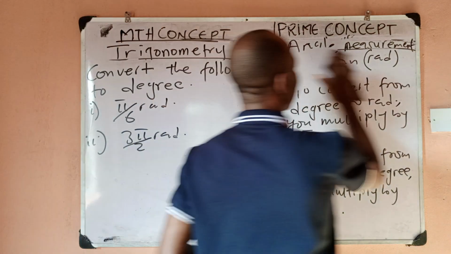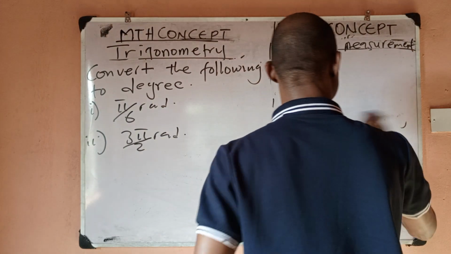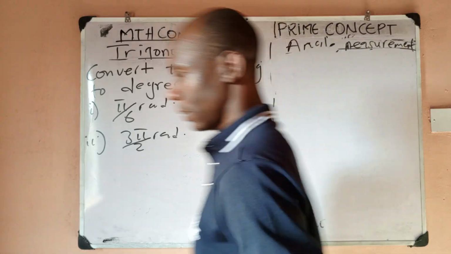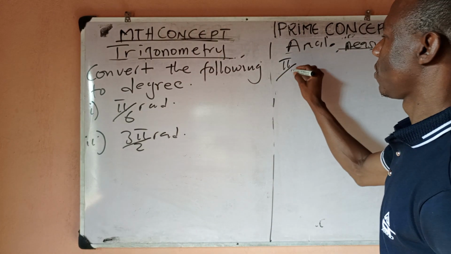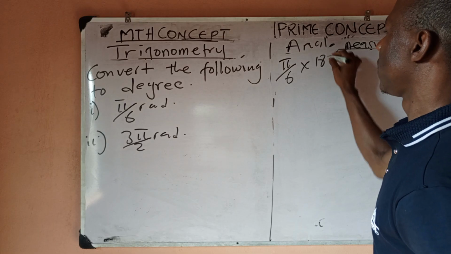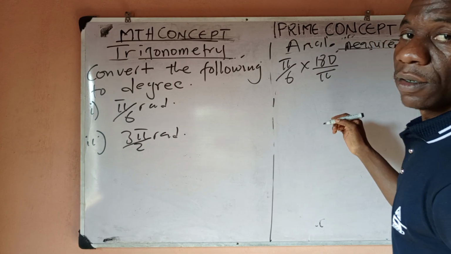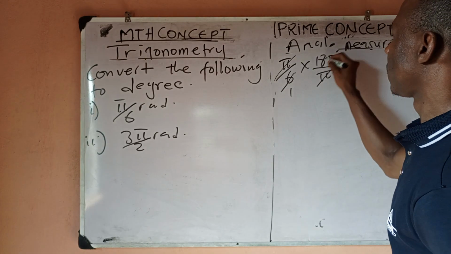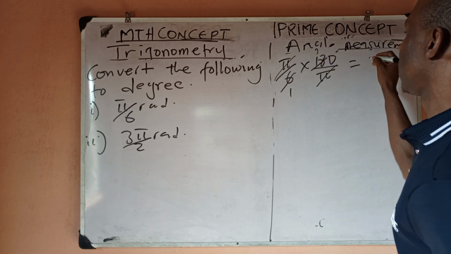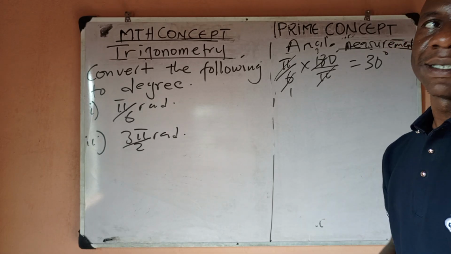Applying that concept would give us pi over 6 times 180 over pi, right? So that pi would go, then 6 in 6 is 1, 6 in 18 is 3. So this 3 and 0 is what? 30 degrees.